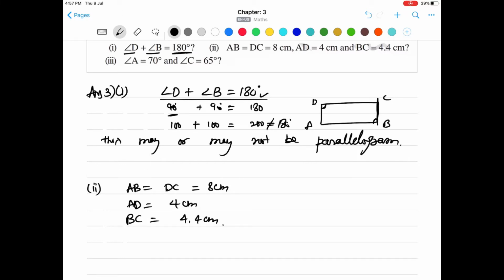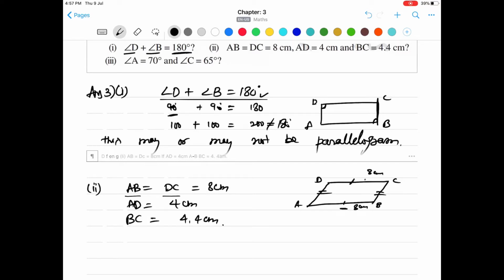The reason is, we know that in a parallelogram, suppose we have this parallelogram, the measurements of its opposite sides have to be equal. Let's name it A, B, C and D. We are given AB and DC, both given as 8 centimeters, while AD is given as 4 and BC is given as 4.4 centimeters.